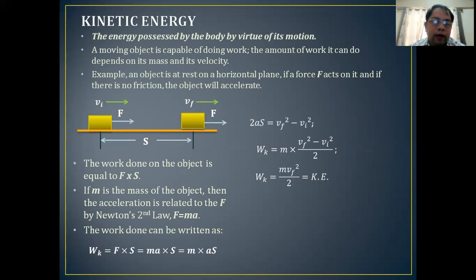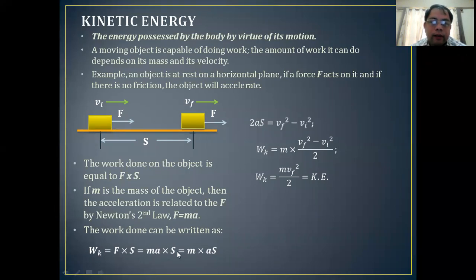So if the equation for our work is F times S, which is force times distance, and F happens to be mass times acceleration, based on our second law. Now, if you substitute that value ma to our F, then that will now be ma times S.